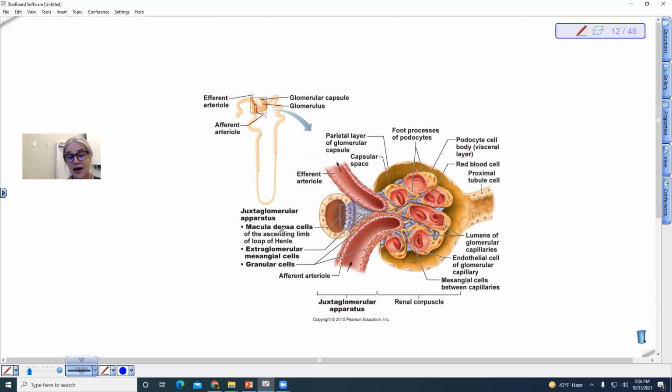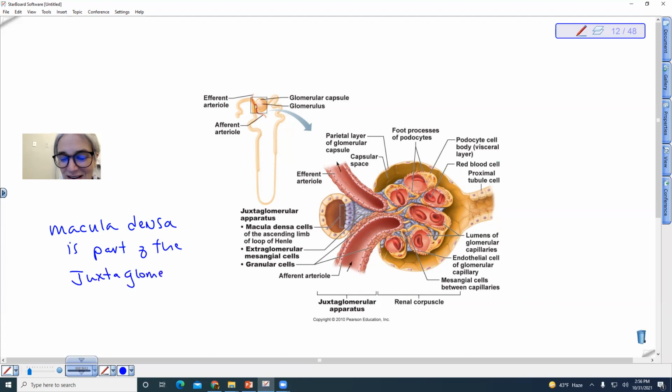You need to know this: the macula densa is part of the juxtaglomerular apparatus. Don't confuse this with juxtamedullary nephrons; this just means that it's an apparatus that is next to the glomerulus. And what these macula densa cells are detecting are salt levels.